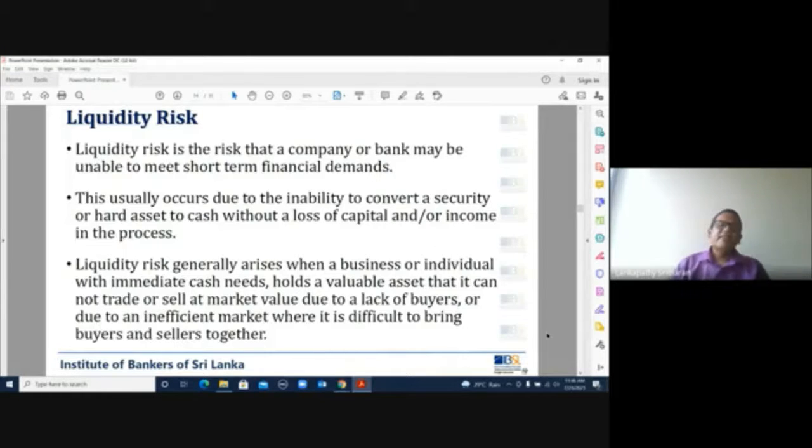But they are having cash in hand of only 30 million, while their obligation to pay today is 40 million. So what they have to do is borrow from other banks. Those who have excess money will lend to them.